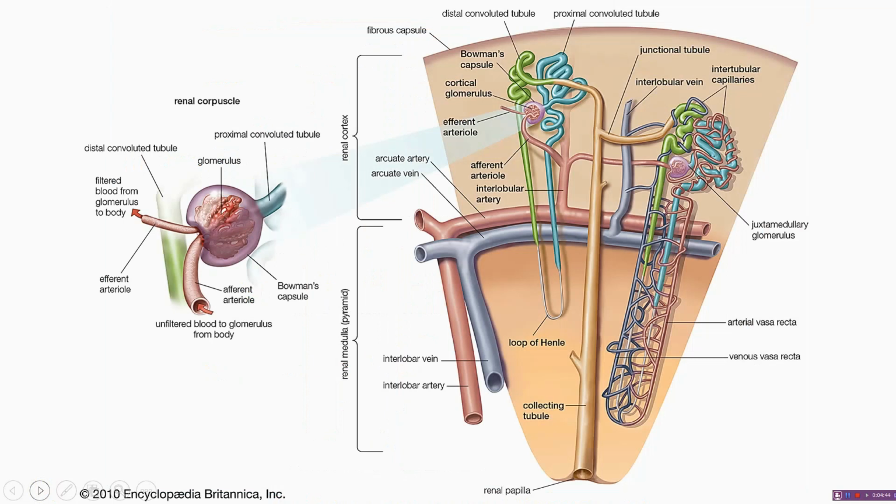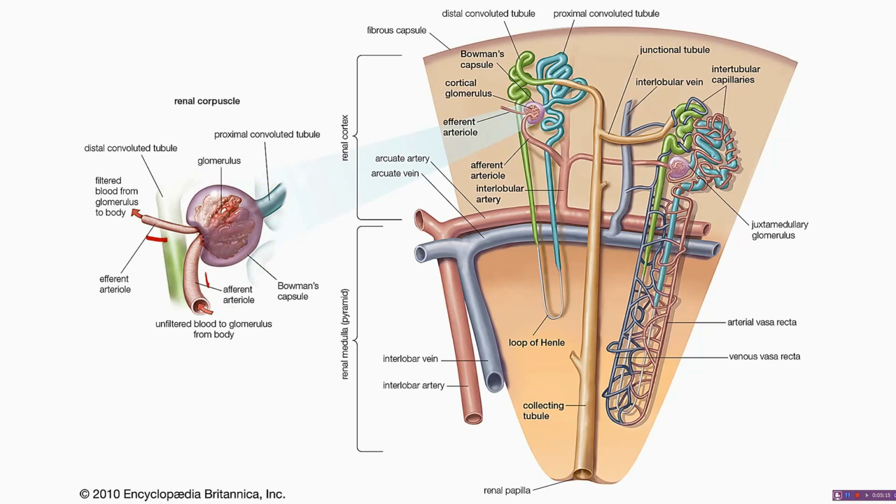Now in this diagram, the left side shows the glomerular portion of the kidney, like the afferent arteriole coming into the kidney and the efferent arteriole coming out. The glomerular portion, the capillary tuft inside, is enclosed by Bowman's capsule, and Bowman's capsule continues into the proximal convoluted tubule.